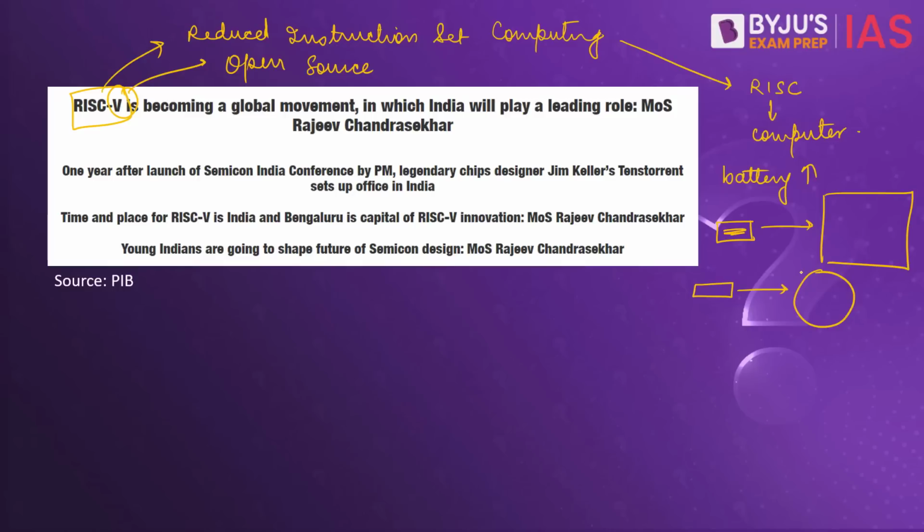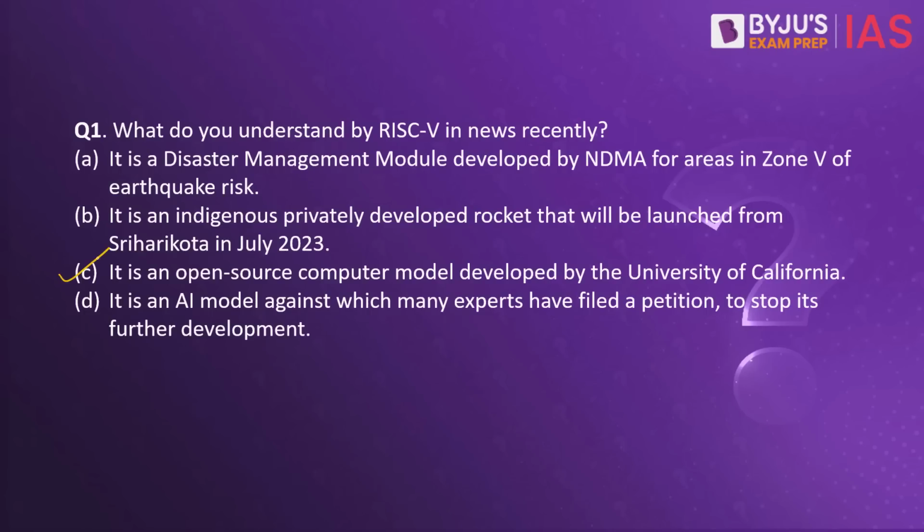Now, why is it important for India? Because we are trying to use this system to develop indigenously more and more powerful systems, and we want to become a global leader in this technology. So over here, this is the correct answer. It is developed by University of California, Berkeley.